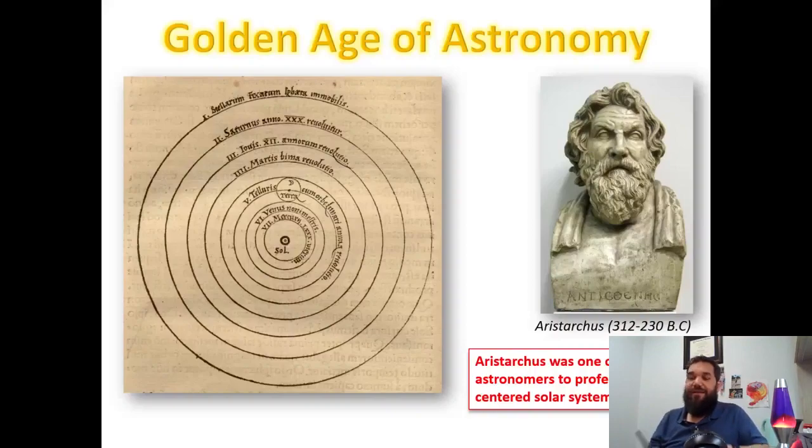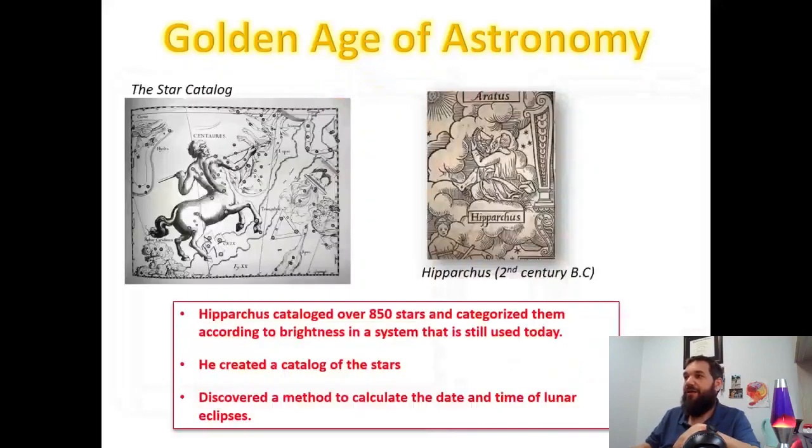Instead of having the sun as one of the shells going around the Earth, he has the sun in the center and the different planets, and of course Earth included, going around the sun. Now, Aristarchus, even though he might have been a great astronomer, was just no match in terms of influence to Aristotle. So Aristotle's ideas of geocentrism won the day. We're going to have to wait until the Renaissance to get to a revival of the heliocentric model.